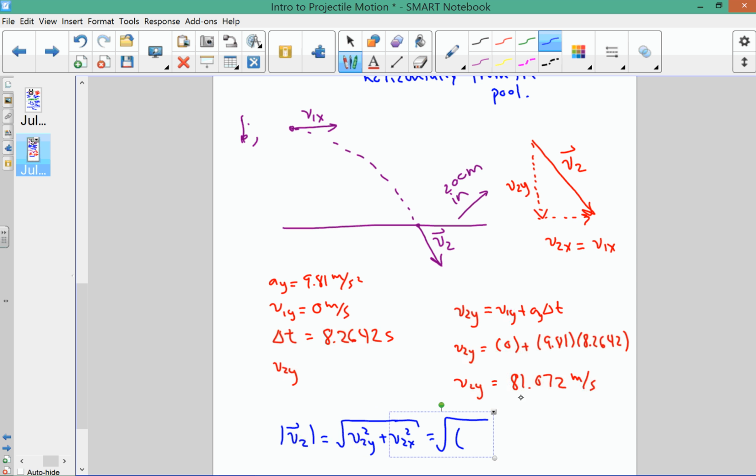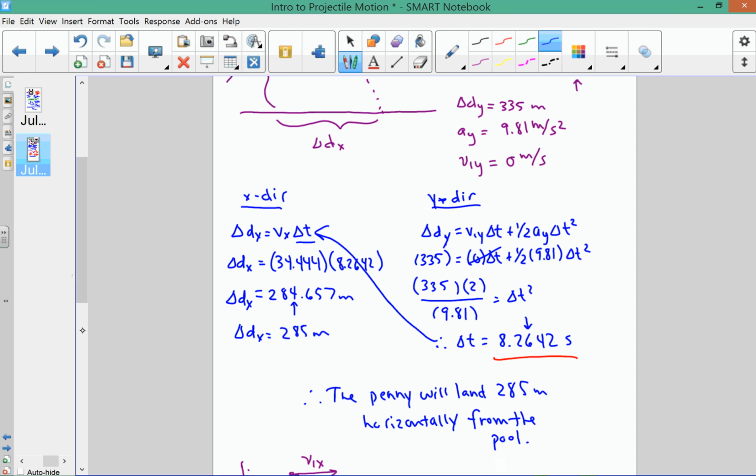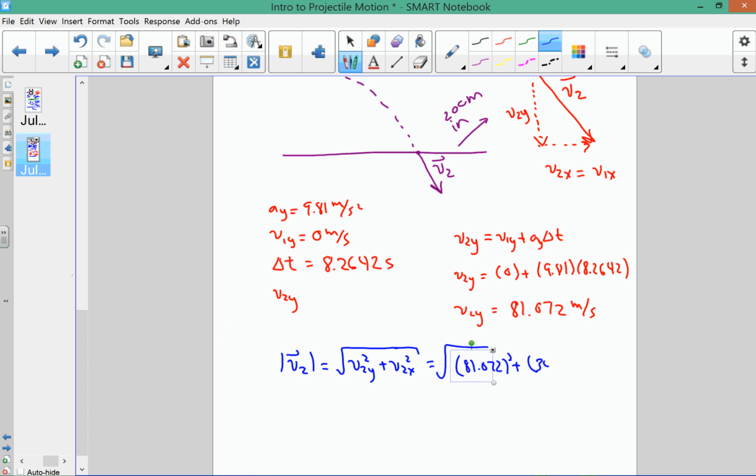And that's just 81.072 squared plus our initial x velocity from way up here, which is 34.44444 squared. Remember, this is good for three significant figures. We want the square root of that whole thing. And we get, to three significant figures, 88.1 meters per second.